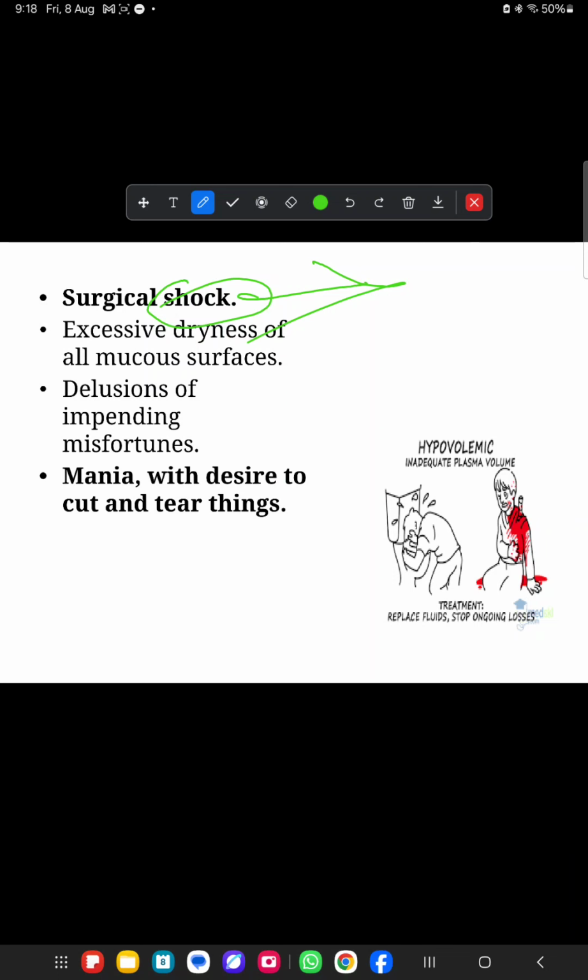And you will find excessive dryness of all the mucous surfaces. Why? Because there is severe diarrhea, severe cholera, and severe vomiting, and that leads to excessive dryness of all the mucous surfaces. So we can think about this medicine, and this point we can correlate with another medicine where you will find so much dryness of mouth that the tongue will adhere to the soft palate.